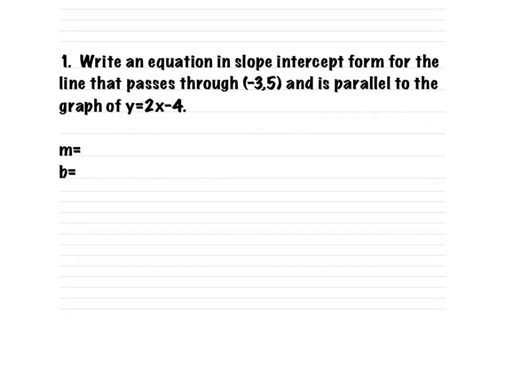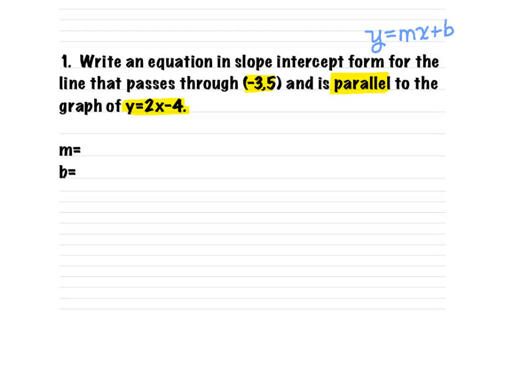Write an equation in slope-intercept form. So let's stop for a moment. Let's remember what that means. We want to write an equation that looks like this, for a line that passes through this point, they give us negative 3, 5, and is parallel to the graph of this equation.